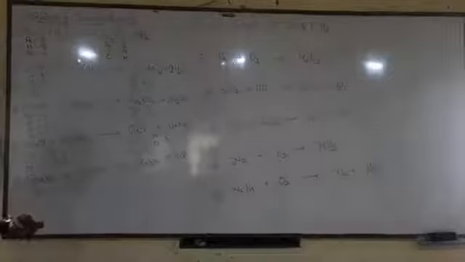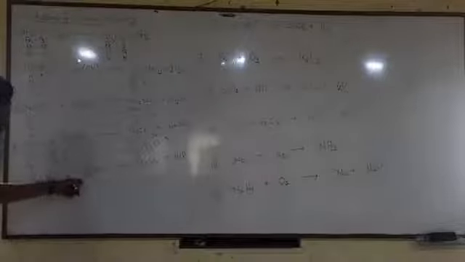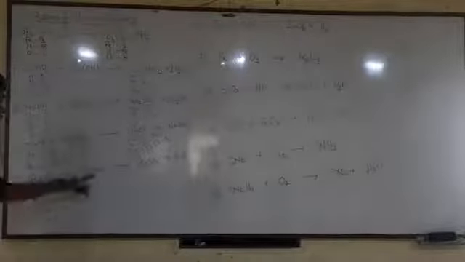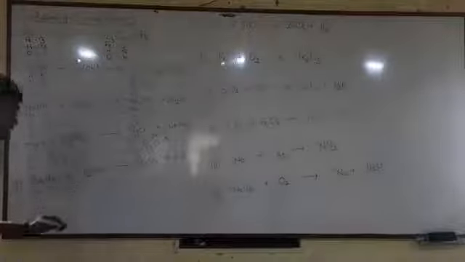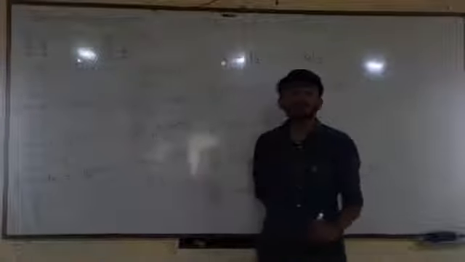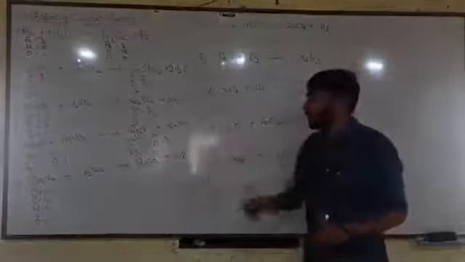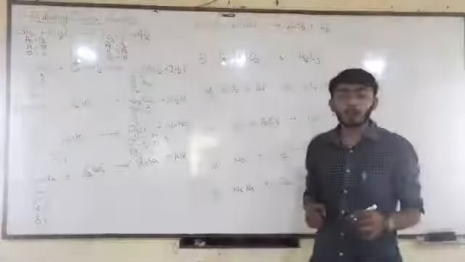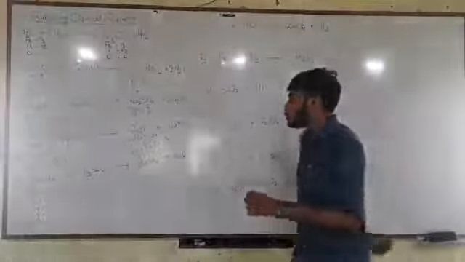Barium is 1, chlorine is 2, hydrogen is 2, sulfur is 1, oxygen is 4. Here I am having barium sulfate, that is BaSO4, plus 4HCl. BaSO4 plus 4HCl. So what happens here?